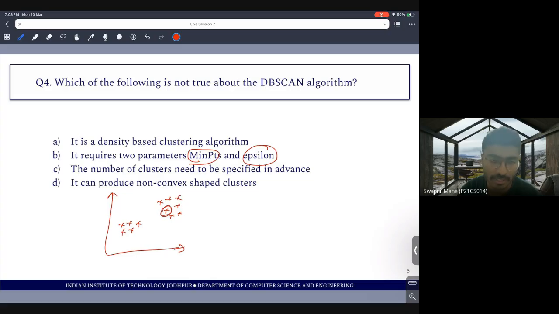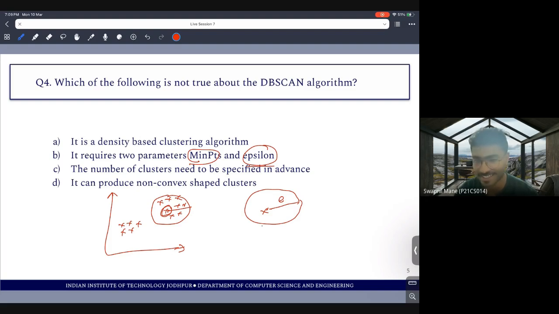What you are trying to do is draw a circle with a radius distance. How do you draw the circle? Based on the radius, right? From this point you take a distance, this is the radius, and this radius is epsilon. You draw a circle from this point with radius epsilon.